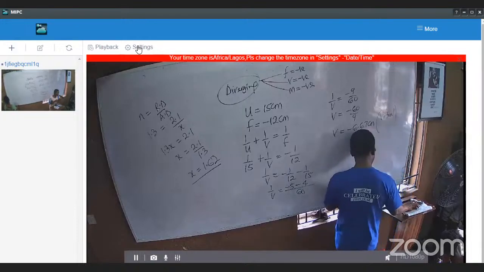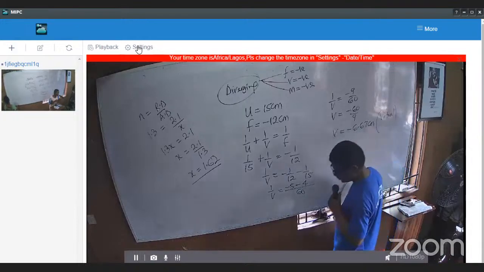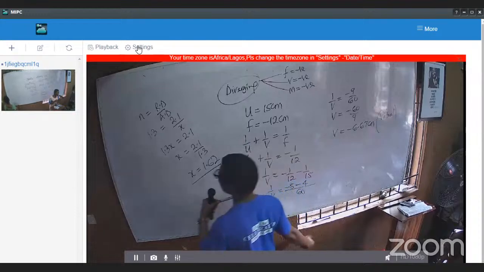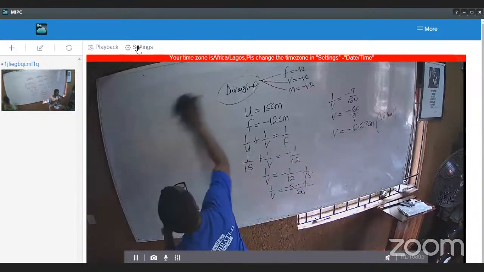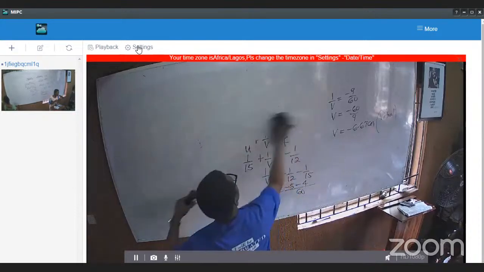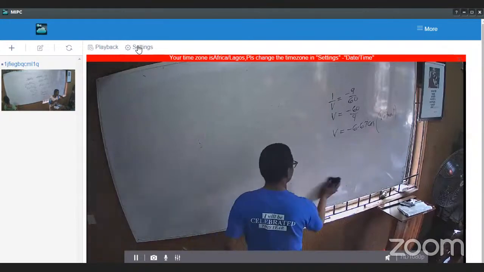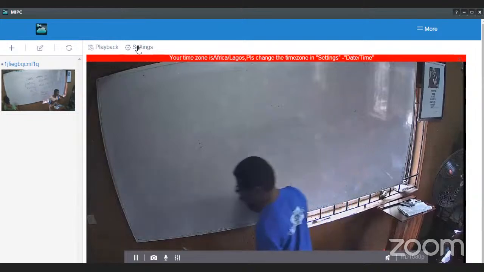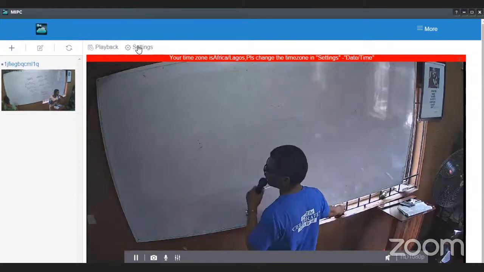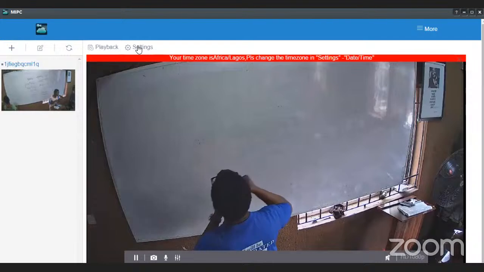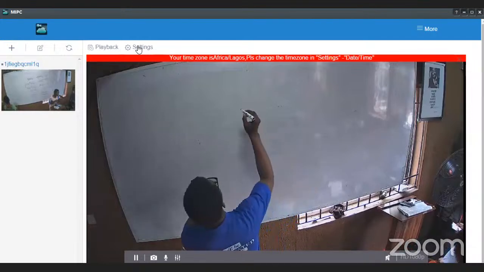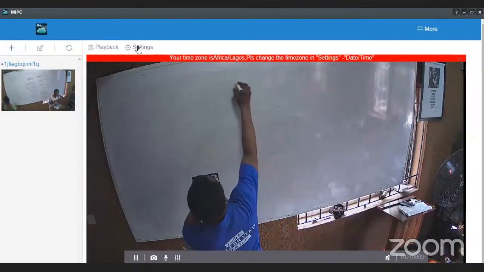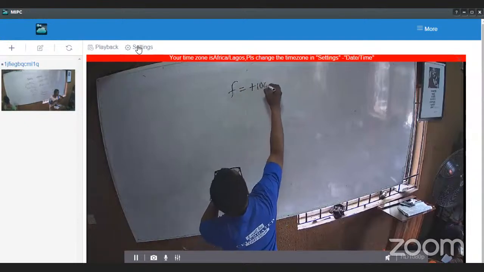Some of you will miss the question because you don't read line by line. Read the question. Converging lens, yes, because it is plus 10.